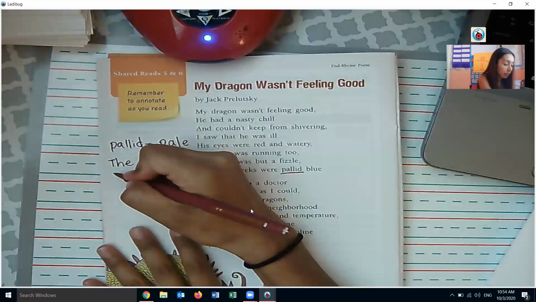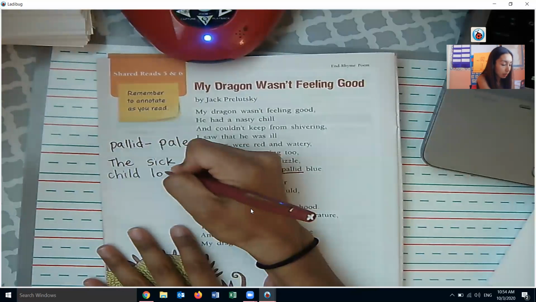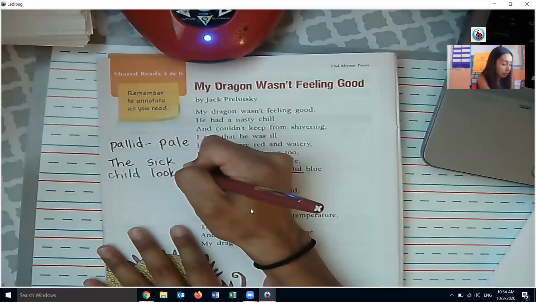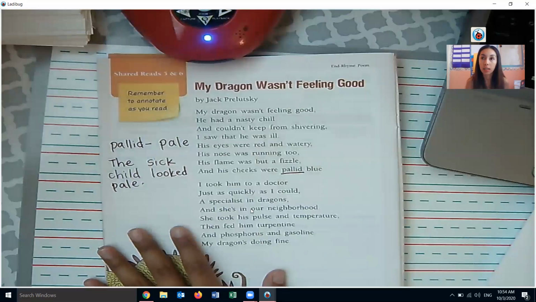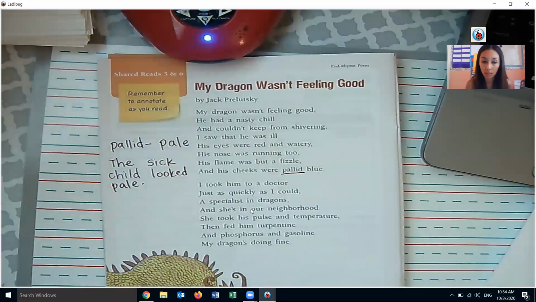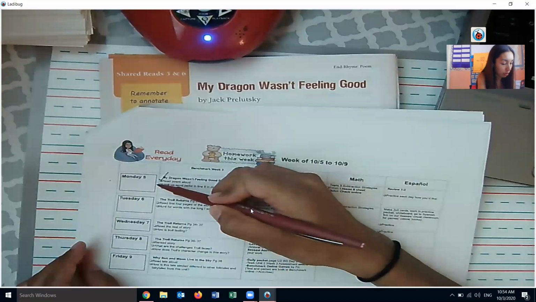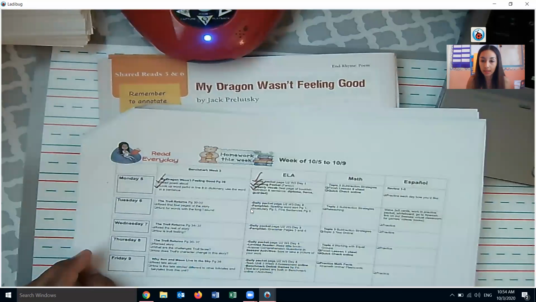Maybe the sick child looked pale. Just using it in a sentence, and you don't have to use this sentence. You can definitely make up your own. Okay, so that is our check for reading, check for completing that sentence.